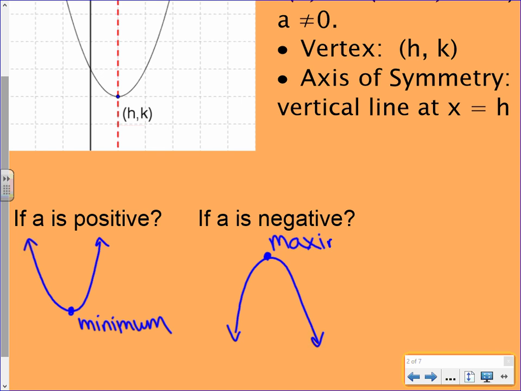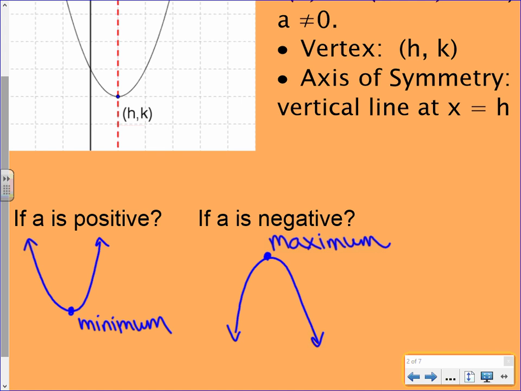Okay? I will tell you right now, being able to identify the vertex is going to be very important in this section. And since it's something we've done before, I am going to ask you to do some word problems where you're going to have to identify a minimum or a maximum value. And that vertex is going to help you.